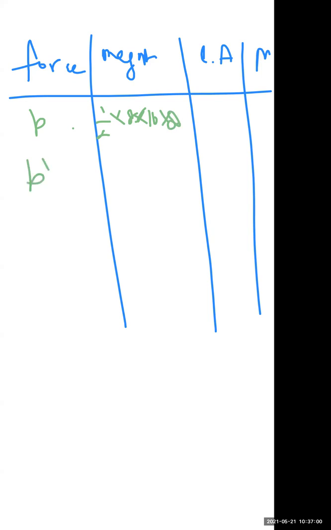P dash is the force acting in the downstream direction, that is 1/2 into 10 into 6 into 10. 10 is the unit weight of water and 6 is the width and height. Again, weight of part 1, that is the triangular portion, is equal to what? Calculate W1 and weight W2.